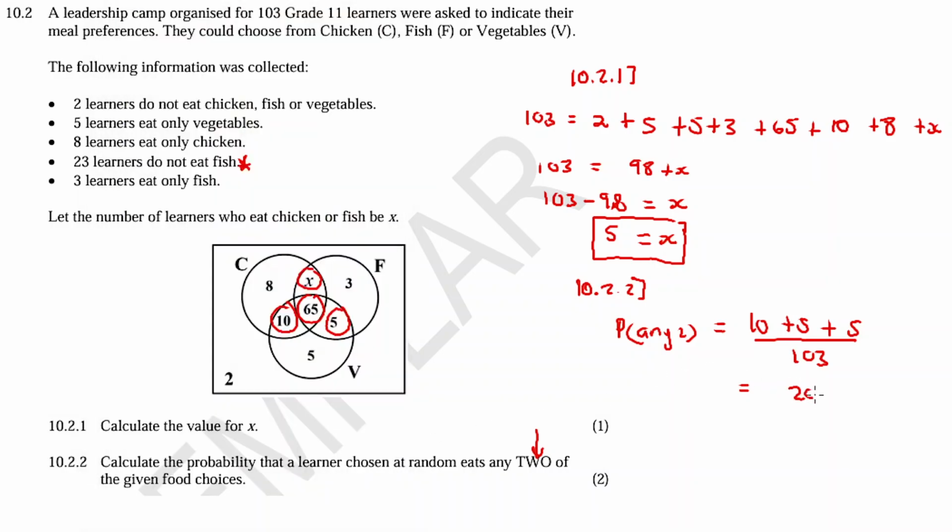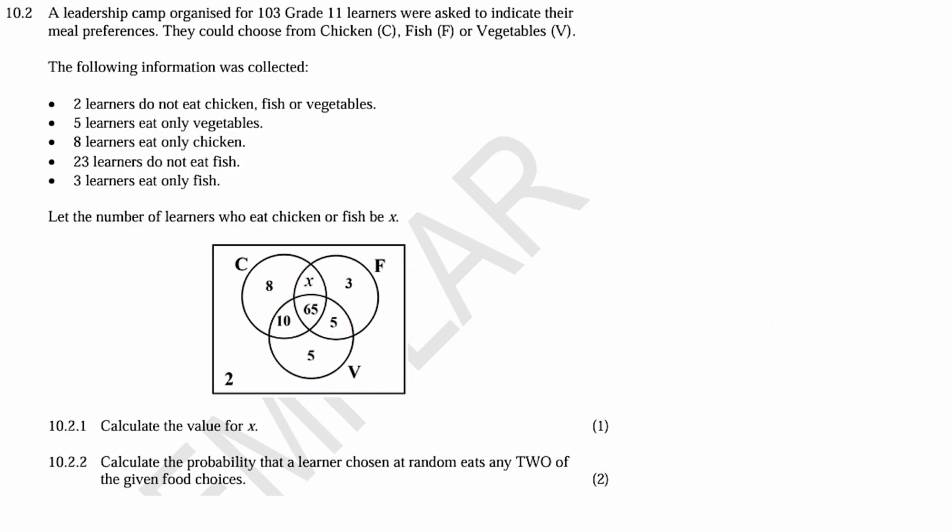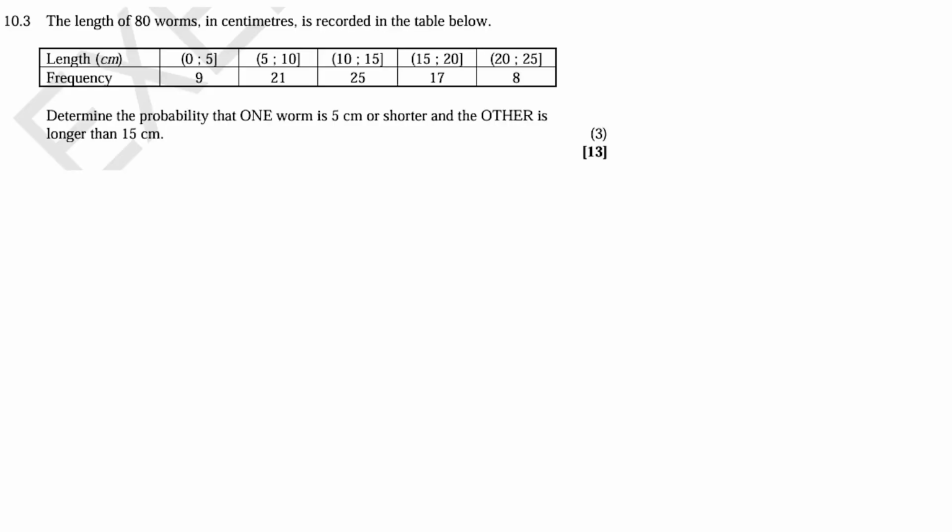Answer, it's 20 over 103. This is our answer. Do you have any questions? If you do, just leave it in the comment section. We'll talk about it. Okay, now I'm erasing this and bring the last question.